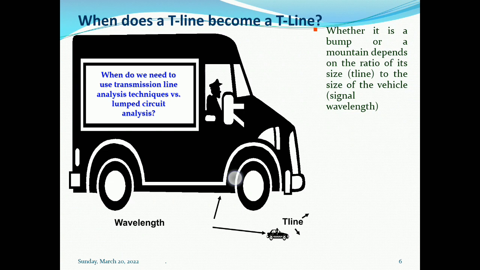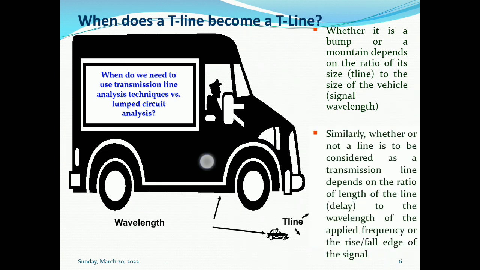Whether it is lumped or distributed depends upon the ratio of the size of the circuit to the wavelength. The circuit parameters such as resistance and inductance, which are at discrete points in the circuit and can be identified definitely, are known as lumped parameters. The circuit parameters which are distributed along the circuit, where an individual parameter is not possible to identify, are defined as distributed parameters.